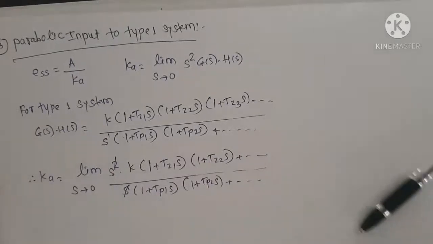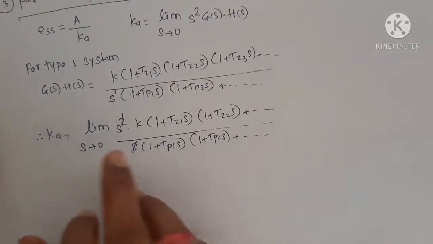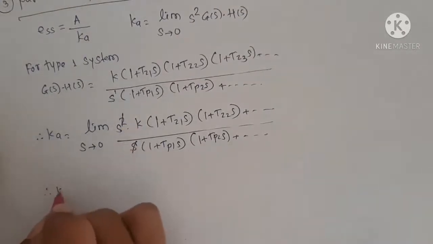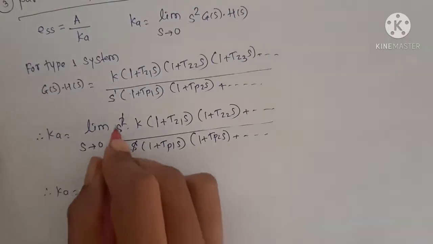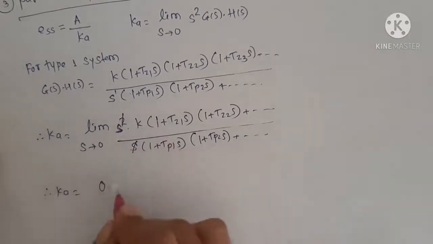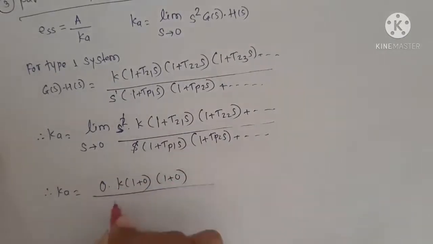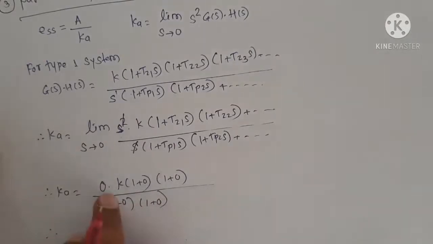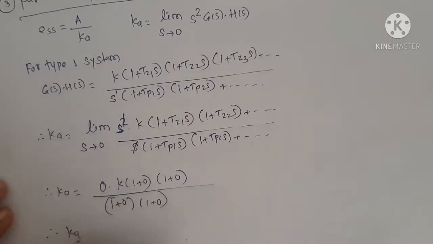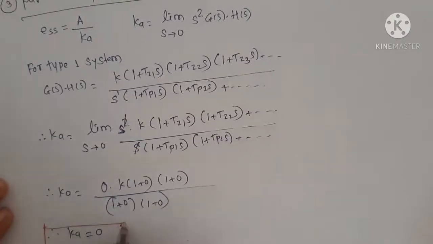So after applying limit, means put the value of s, it will become Ka is equal to, here as s is present, after putting s value it will become 0 into K(1 + 0)(1 + 0) upon (1 + 0)(1 + 0). Therefore as here multiplication factor is 0, all get 0, therefore Ka will become 0, means for parabolic input Ka is 0.